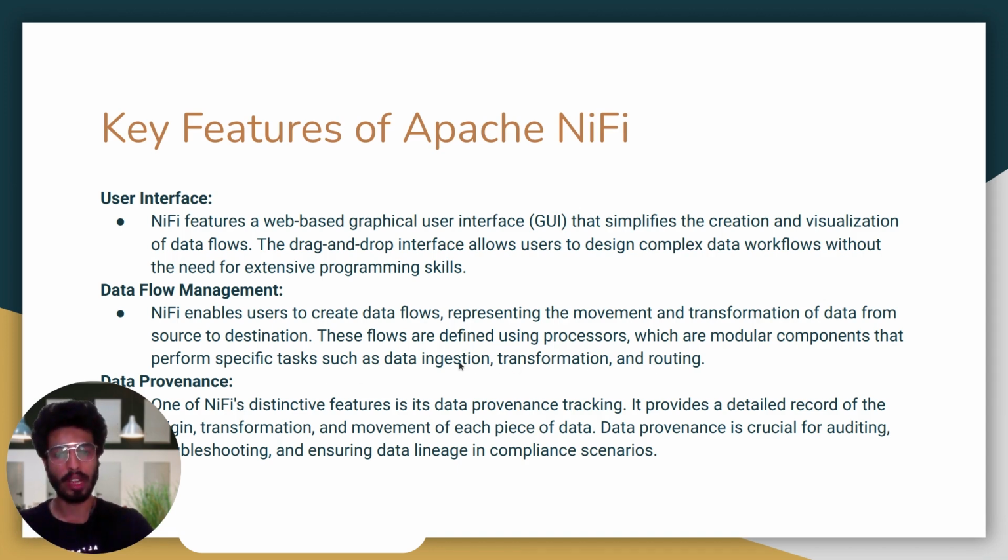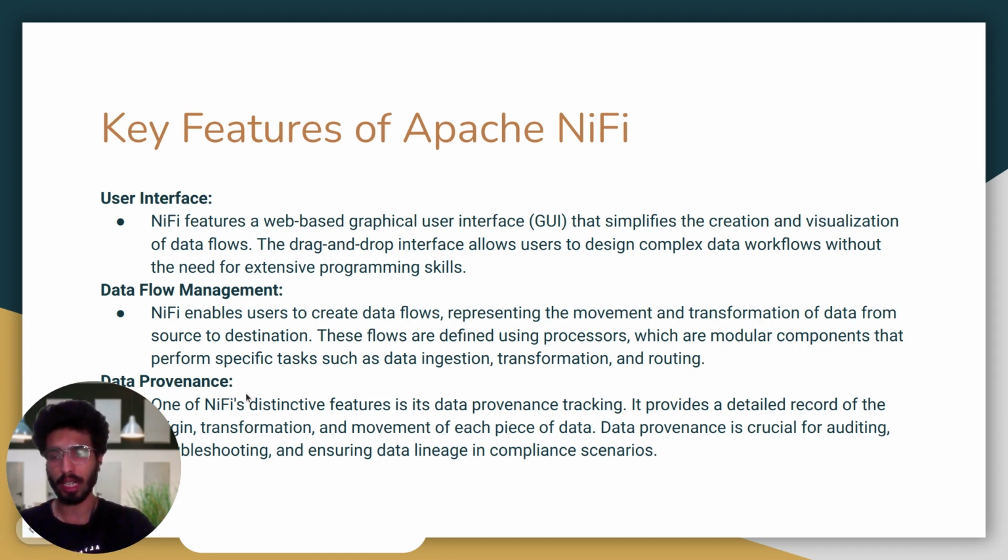Get file is a specific processor which is used to get the data from our file system. Put file is similarly used to put the data. Similarly, we have HTTP request and HTTP response, which will handle the HTTP kind of data that comes through.